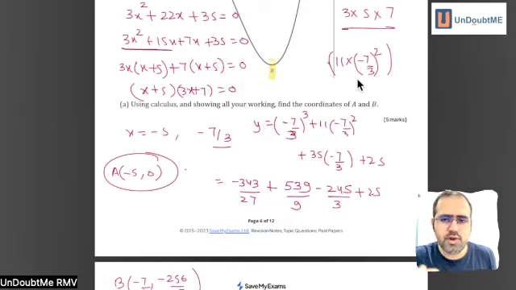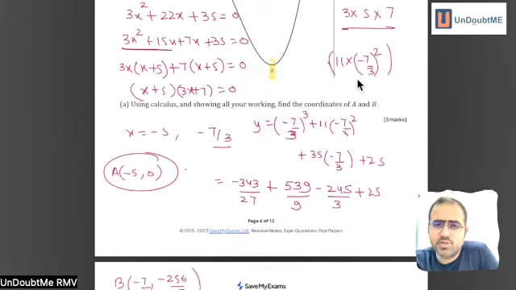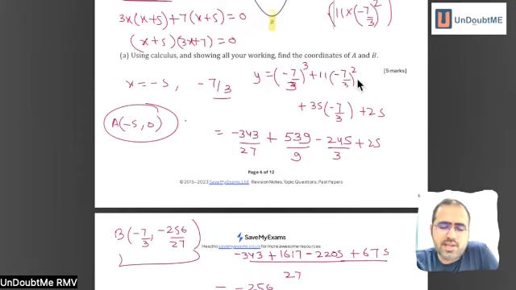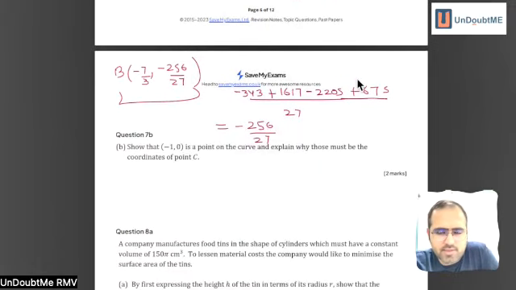In such cases, what I prefer is to solve them individually using the calculator, individual terms, so that there are very few chances to make a mistake. Still, you can try it out one more time. You have been using the calculator, so you are a pro. Try it out. You should get these numbers and then in the end 256 by 27. It will come very easily.